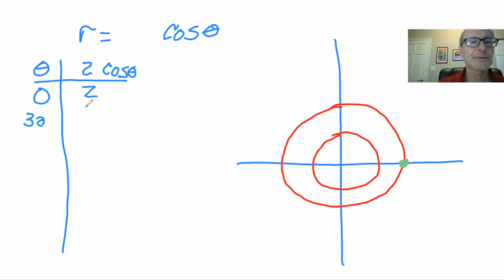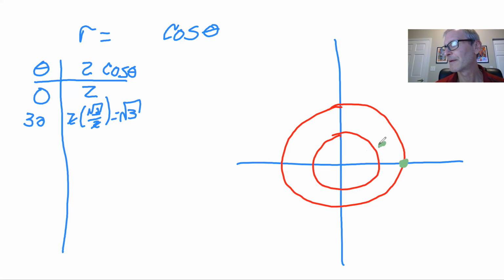So that would be 2 times square root of 3 over 2. And you see the 2's cancel, and you get square root of 3. And if you got your calculator out, square root of 3 is about 1.7 and some change. So at 30 degrees, which might be about right here, it would be right there.